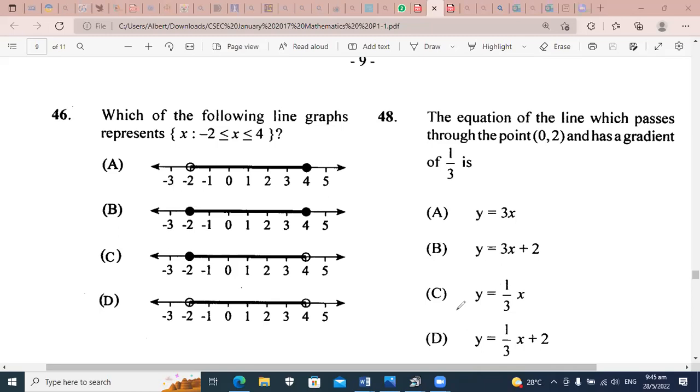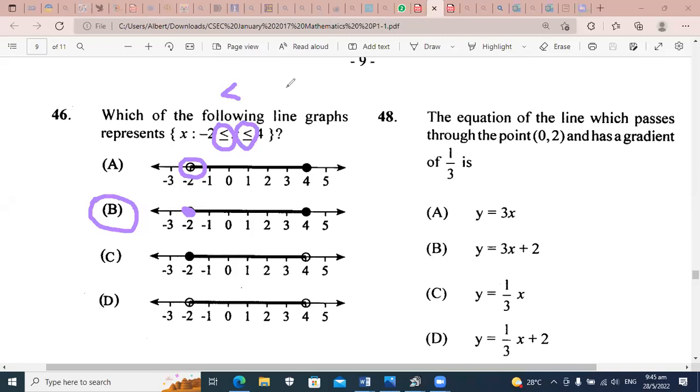All right. Okay, so the answer is correct, but the explanation is wrong. You see this symbol here? It means that the ends are closed. And closed means you're going to fill up the gap. In other words, this would mean the end is open, like an empty shell. You get that?